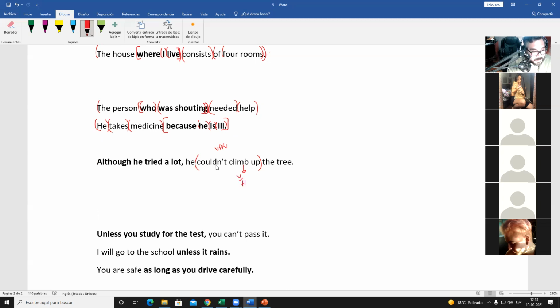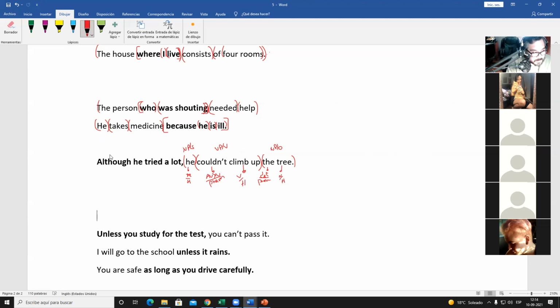Verb here. Then couldn't is my auxiliary verb premodifier, right? He is my noun phrase subject, pronoun head. Climb up what? The tree is my noun phrase subject, determiner premodifier, and tree is my noun head.